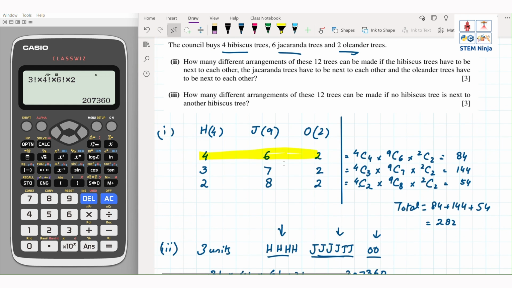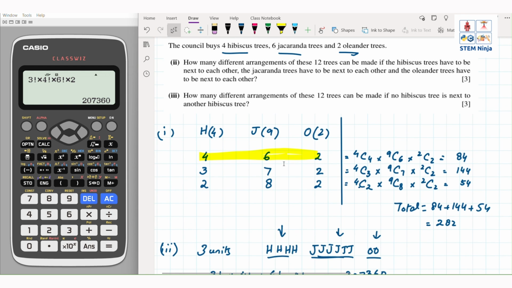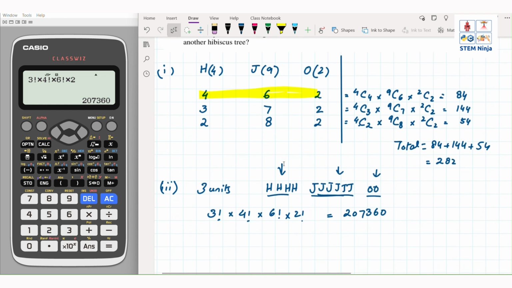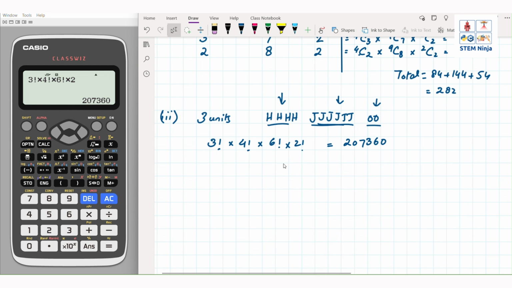Now, how many different arrangements of these 12 trees can be made if no hibiscus tree is next to another hibiscus tree? So that means we have jacaranda, jacaranda, jacaranda, jacaranda, jacaranda, jacaranda, oleander, oleander.